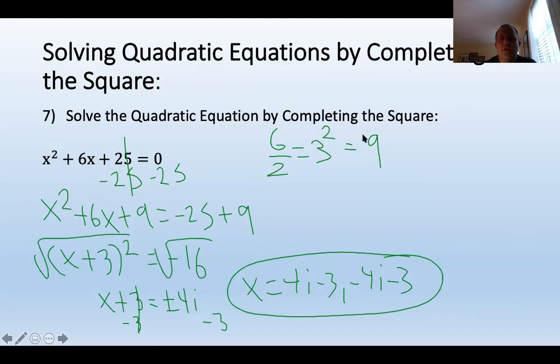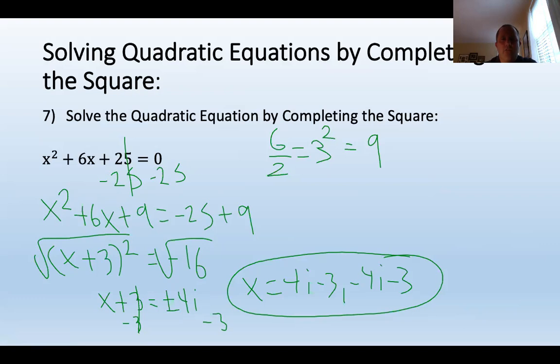So 3 squared is 9. So 9 gets added to each side of the equation. So you end up with x squared plus 6x plus 9 equals negative 25 plus 9. And so this x squared plus 6x plus 9 needs to be factored. Now it's a perfect square. That's why this is called completing the square.